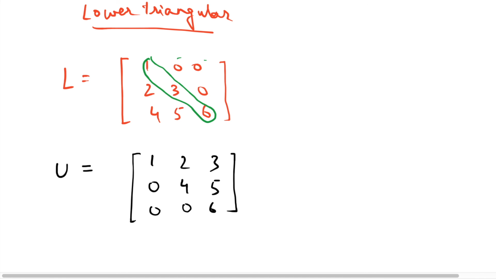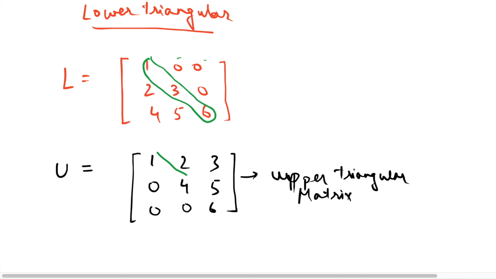This is an upper triangular matrix. You can see that the main diagonal here is 1, 4, 6, and all the elements below the main diagonal are 0. So this is an example of an upper triangular matrix.